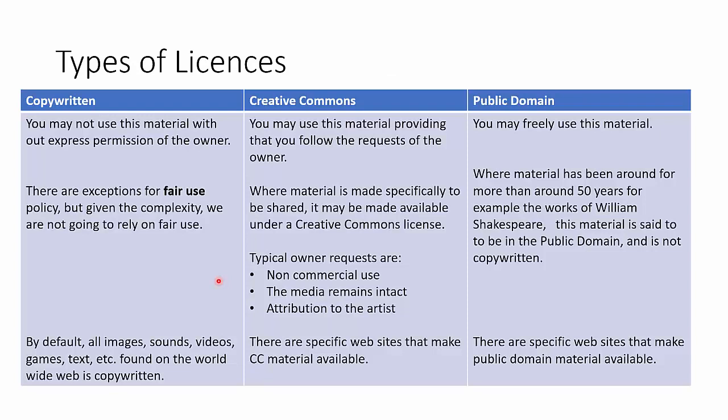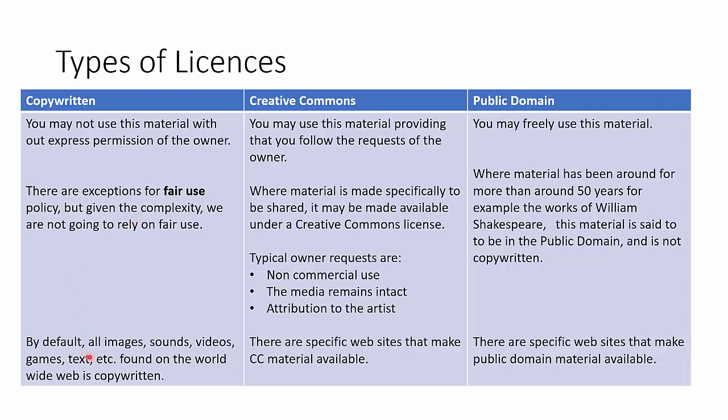So I said that all material on the World Wide Web falls under three categories: copyrighted, Creative Commons, and public domain. Copyrighted material may not be used without express permission of the owner. There are exceptions called fair use policy, but quite frankly, given the complexity behind these exceptions, we're just not going to rely on the fair use policy and say we should only be using Creative Commons and public domain material.